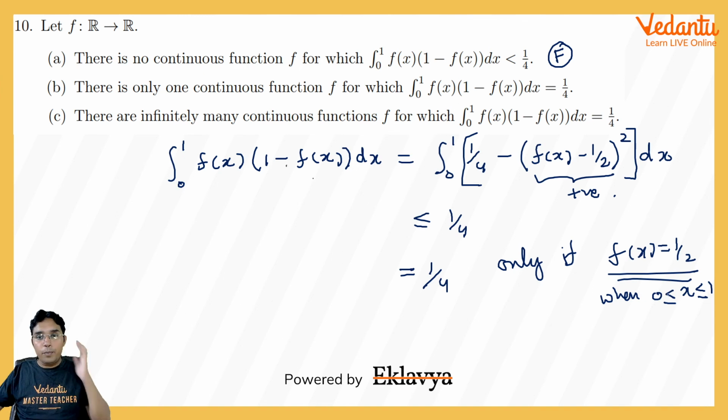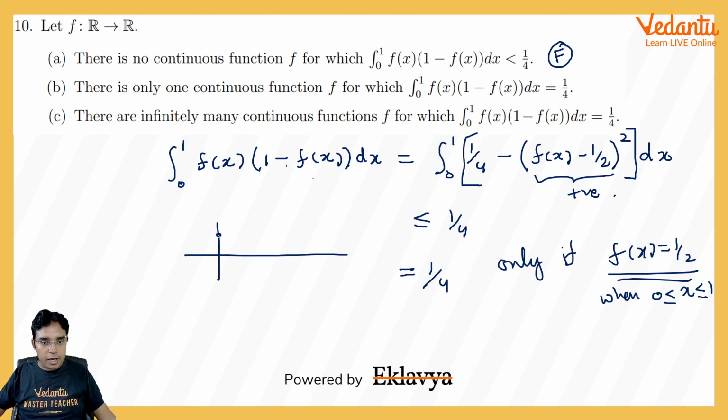But who will stop you if you change the value of f(x) from half when your x is bigger than 1 or lesser than 0? I hope you are getting what I am saying. So between 0 and 1, this function has to be half.